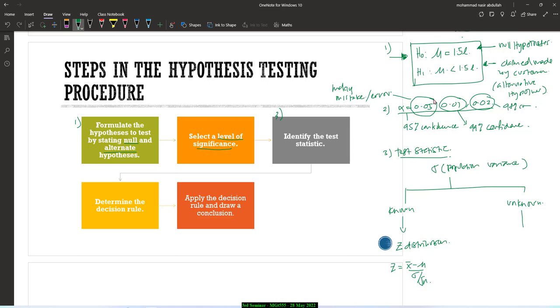If the population variance is unknown, we are going to look at the sample size, whether less than 30 or more than 30.